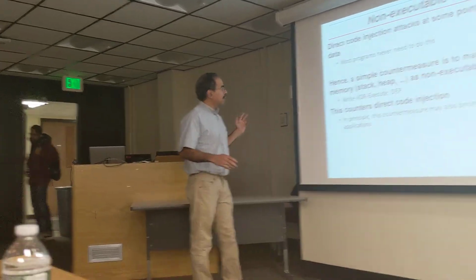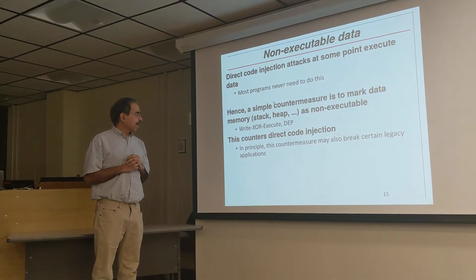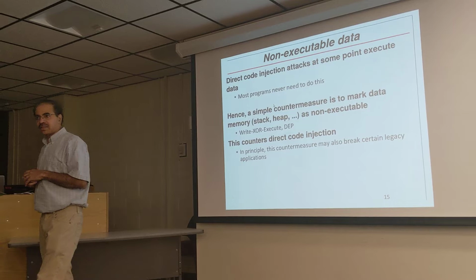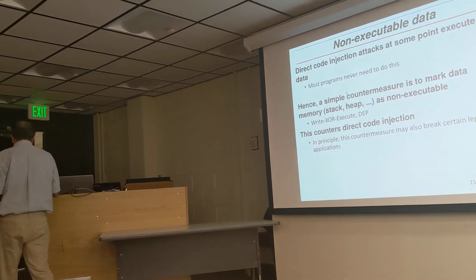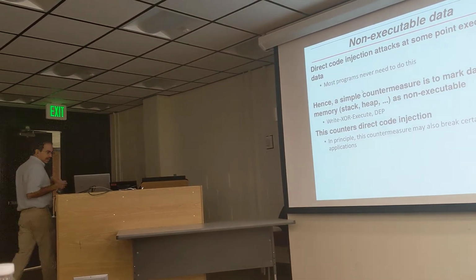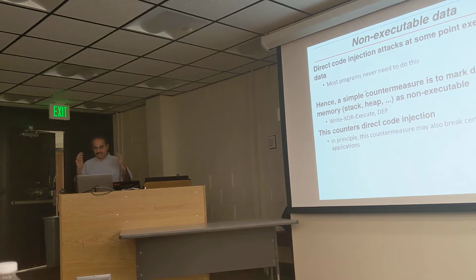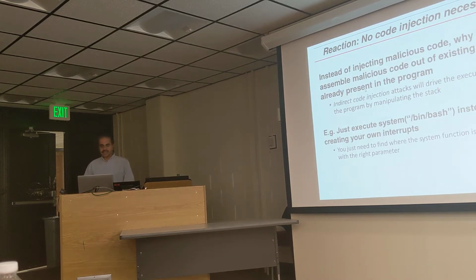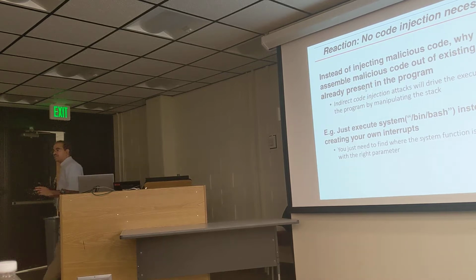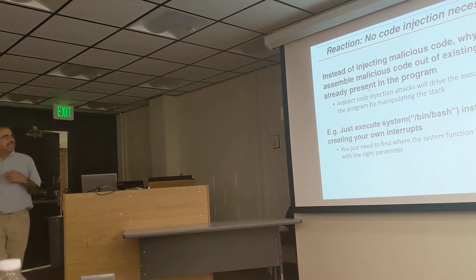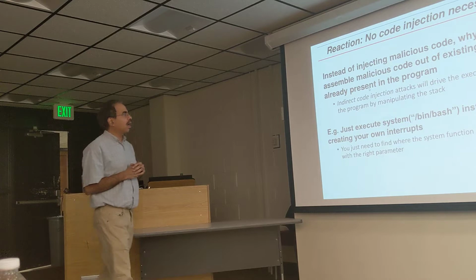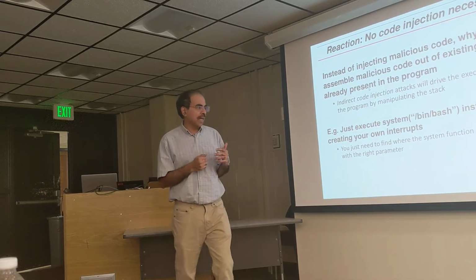It got implemented and deployed pretty quickly, right? By maybe 2006, most systems were using this feature, and at that point it became impossible to do code injection. And so the attackers said, okay, if I don't inject code, what can I do? So you have this notion of code reuse attacks.